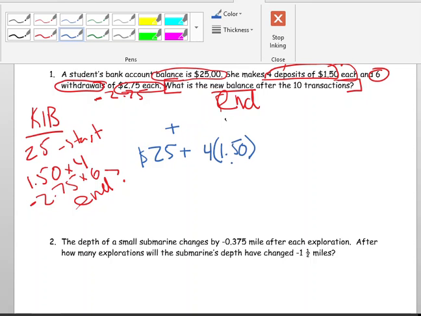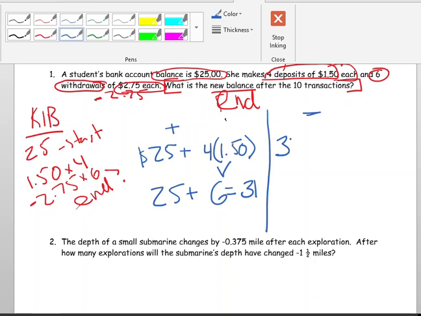All right. So when I do 4 times 150, that should be $600. Yep, $600. All right. And I add 25 to 600, and I'm going to get $625. Okay. So I'm at $625 here, and I'm going to move over to my withdrawals.